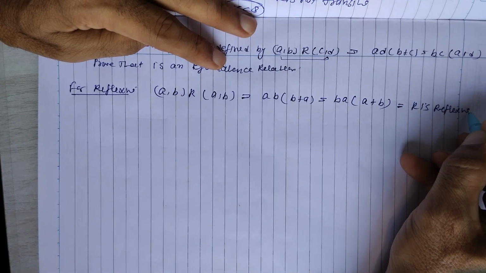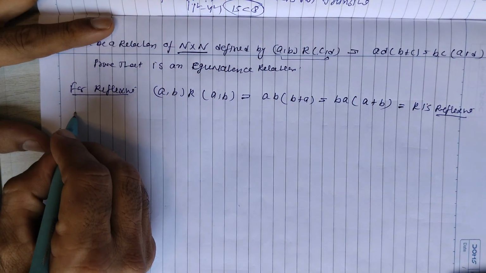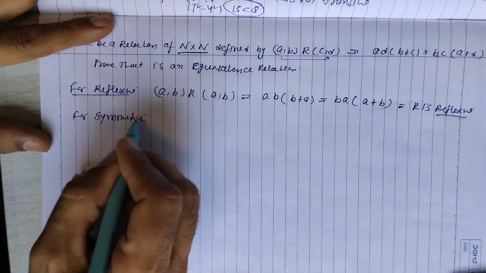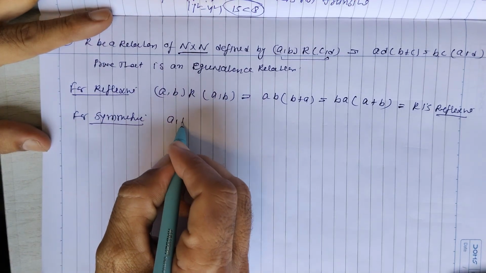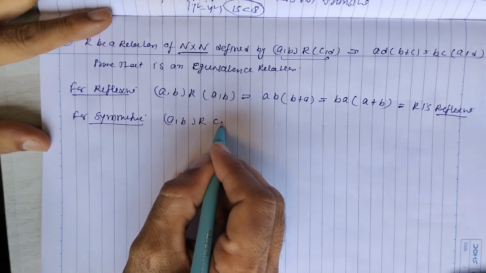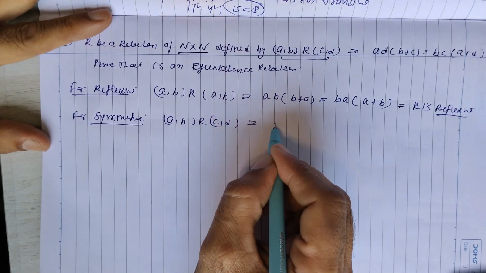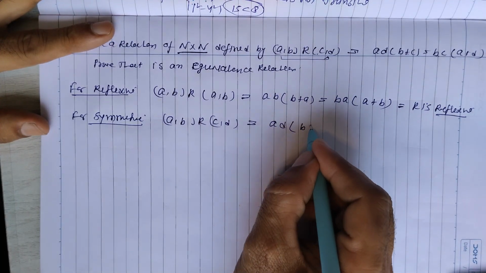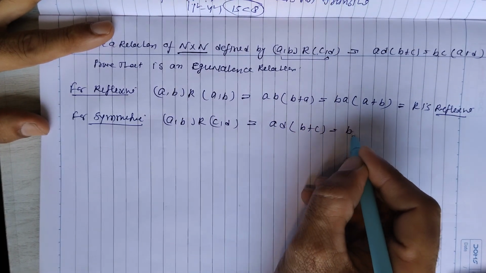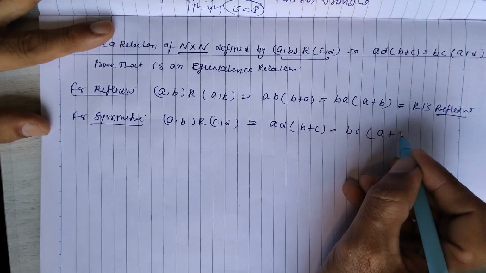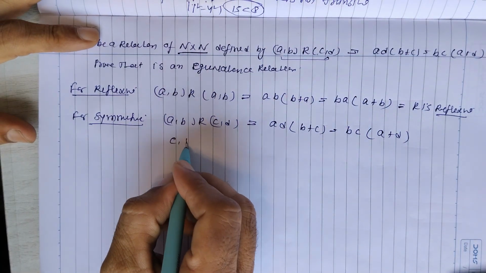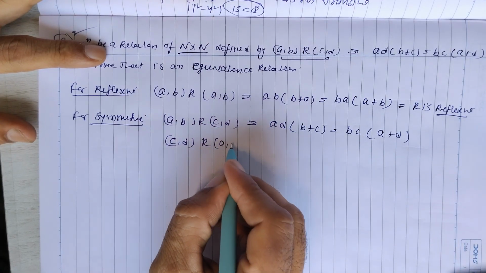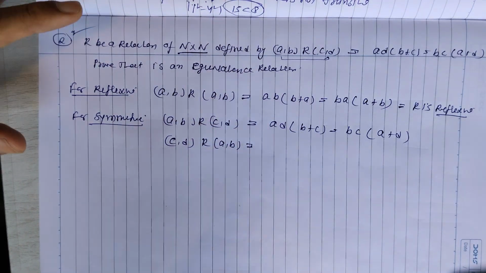The first two parts are very simple in all questions. For symmetric, especially for this type of question, AB related CD, write down the same terms which are given. First into fourth, second plus third. Now write down CD related AB. In case of single terms we have an ordered pair. So what is the rule?